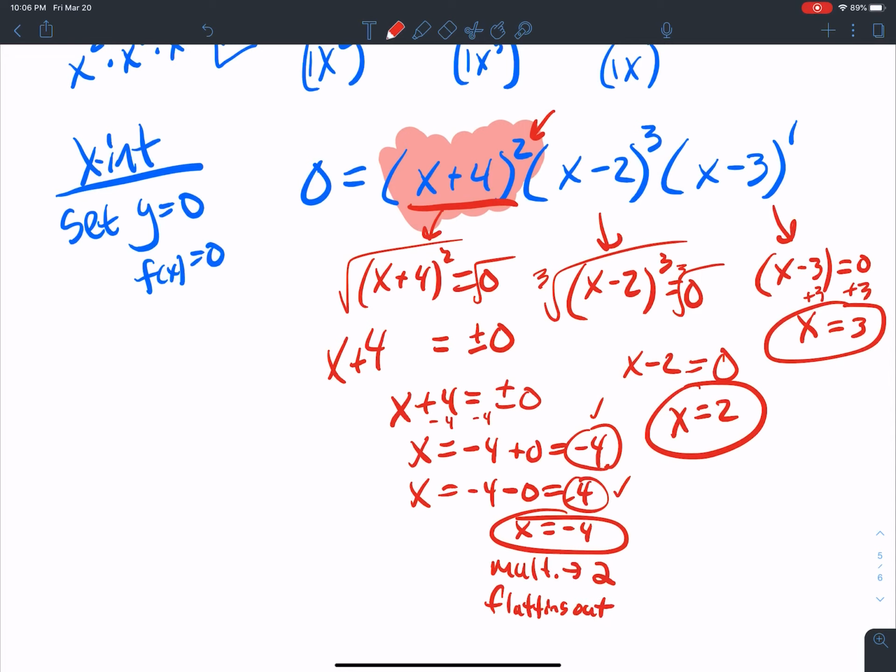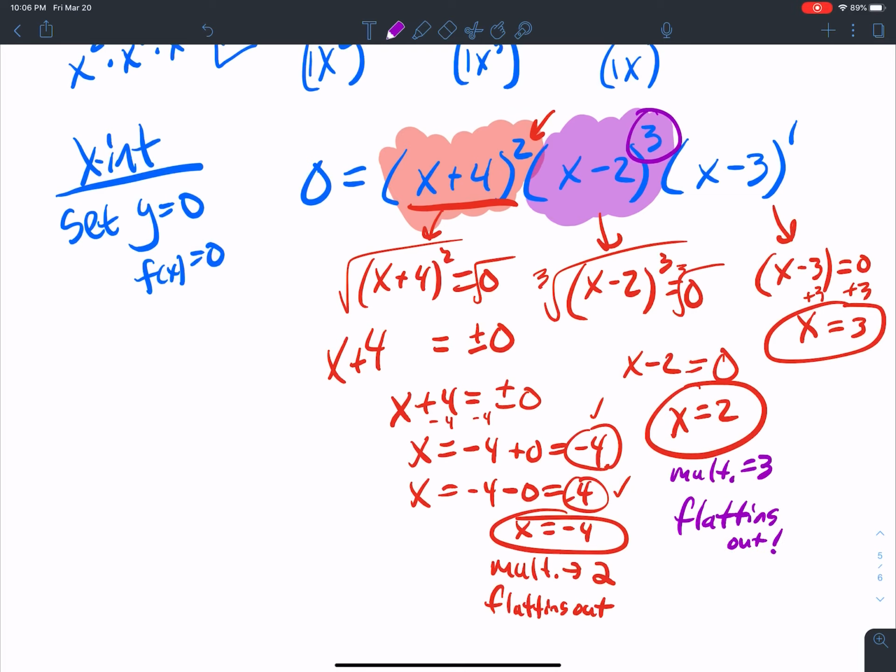Why? Because the multiplicity is greater than 1. The multiplicity on the second one is 3. Why is it 3? The exponent's 3. Does it flatten out? Yes. Why does it flatten out? Because the multiplicity is greater than 1.